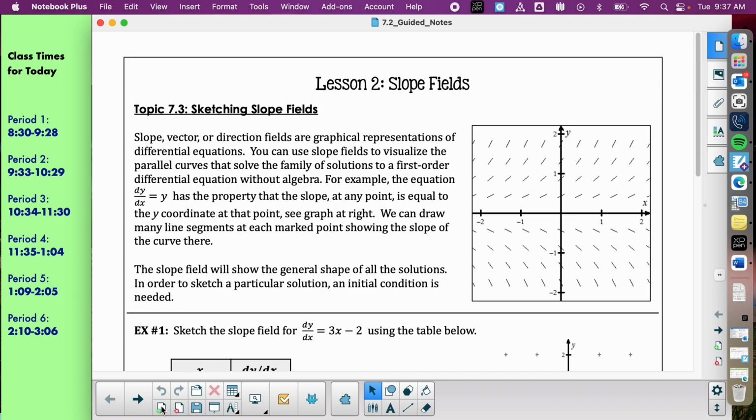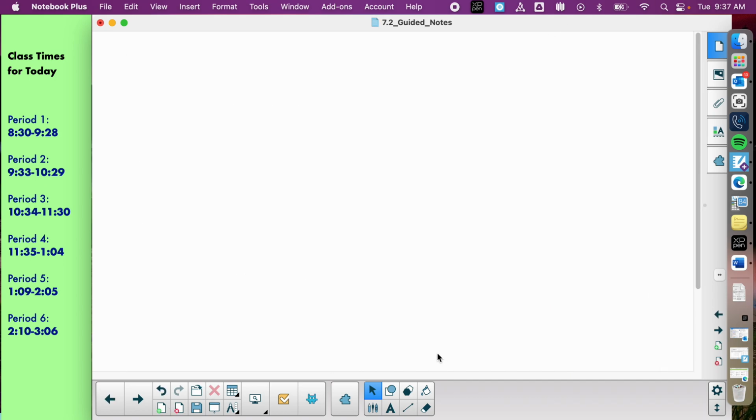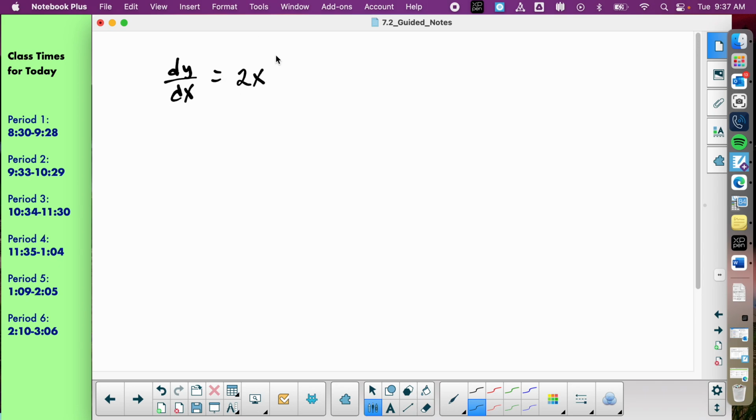Let me do this first. So if we had a differential equation, there's our differential equation. We've talked a little bit about how to solve them, right?